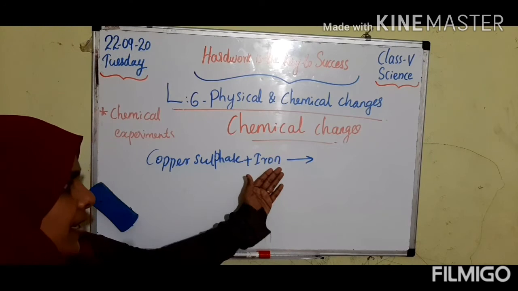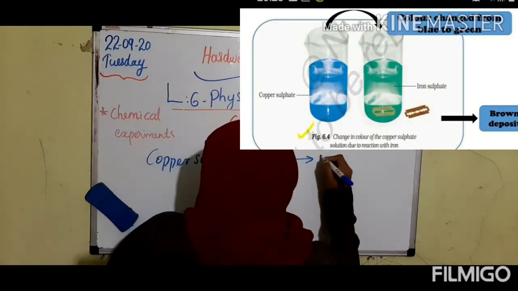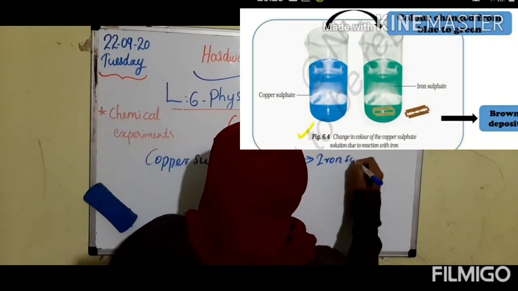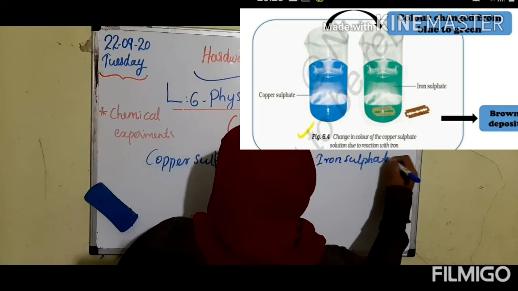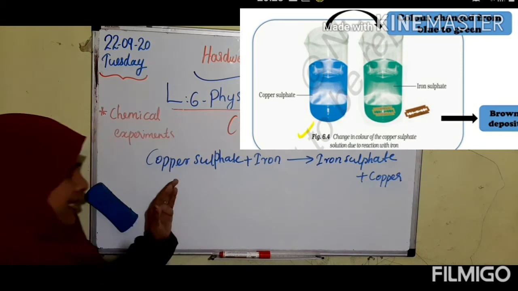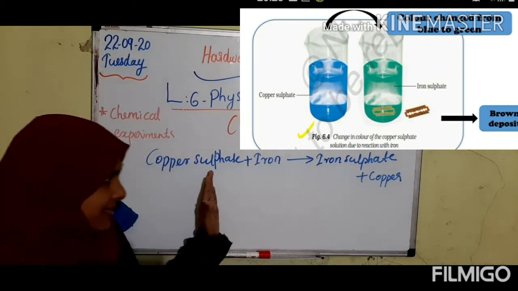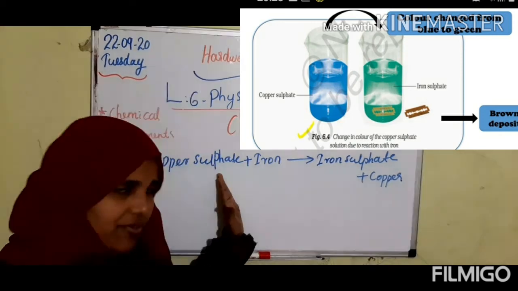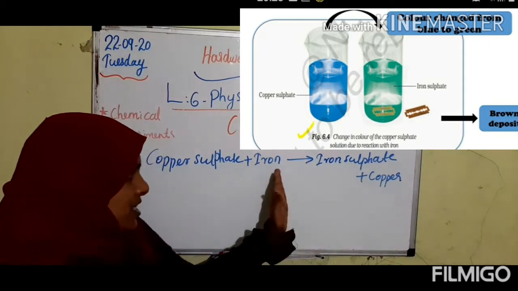What will happen, children? Iron sulfate and copper are formed. Okay, in this reaction we can clearly understand that copper sulfate, that blue color solution, is mixing with iron.